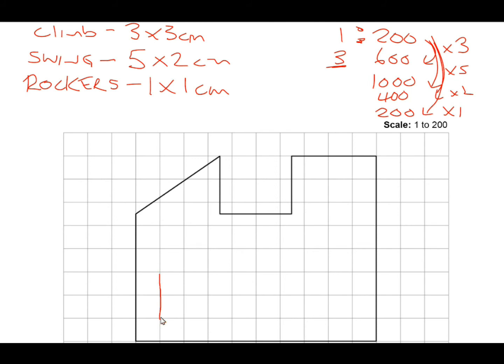So it's 2 squares wide and 1, 2, 3, 4, 5 squares long. So that's my swing. Let's put in our climbing frame, and that's 3 by 3. So let's put that in the top corner. So it's 1, 2, 3 by 3. So that's our climbing frame.